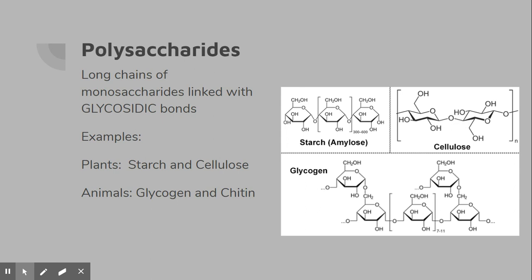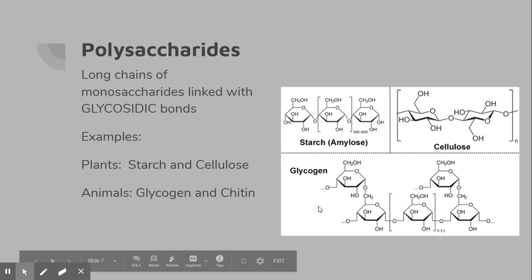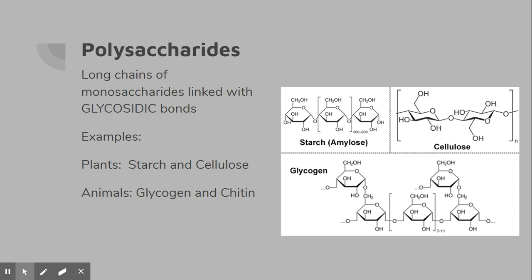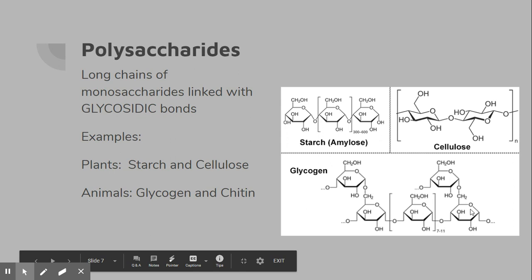That's going to make a difference in just a second. Now, animals also have some starch, and some polysaccharides. We're going to talk about that in a minute, but this right here is called glycogen. Glycogen is a complex branched type of structure made of glucose monomers.